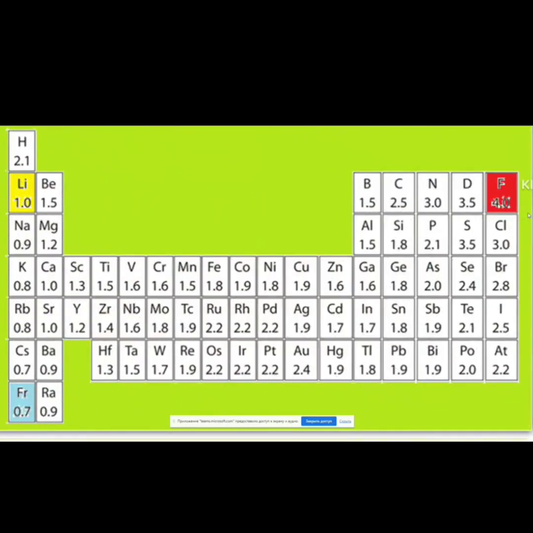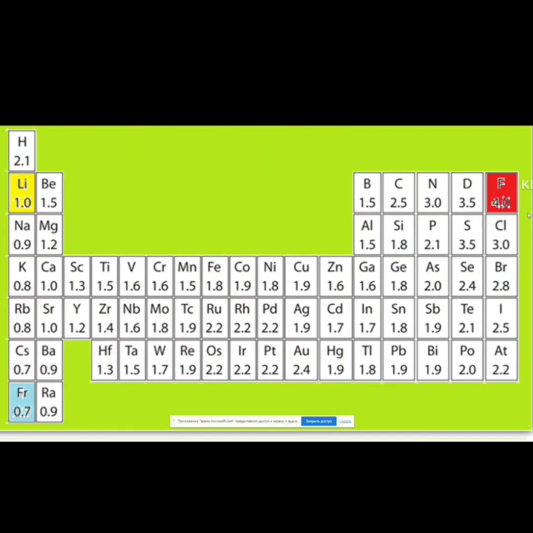This is the table of electronegativity. Let's say they took lithium and said, okay, lithium will have electronegativity 1. And after that, they found that fluorine is 4 times more electronegative. It's 4 times stronger.